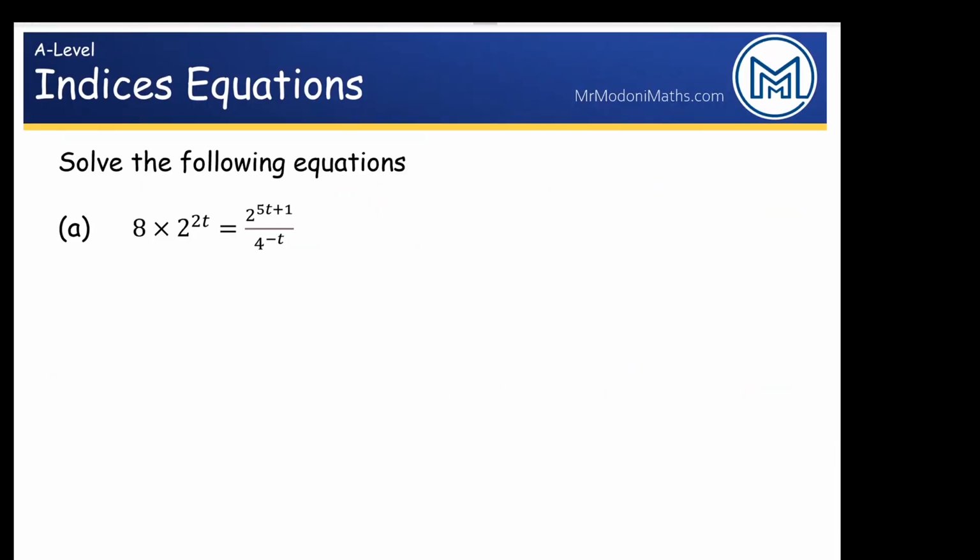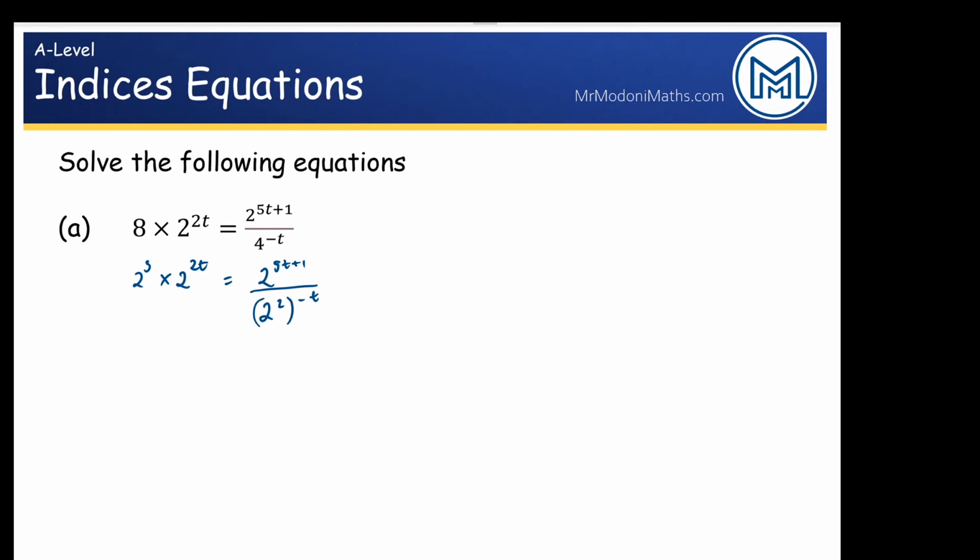So let's take a look at the application of the theory to this particular example. So we have 8 times 2 to the power of 2t. The first thing that we're going to do is write down all our numbers to the same base. So 8 can be written as 2 cubed times 2 to the power of 2t. And on the right-hand side, we've got 2 to the power of 5t plus 1 all over 4 to the power of t, and we're going to write that as 2 squared all to the power of t.